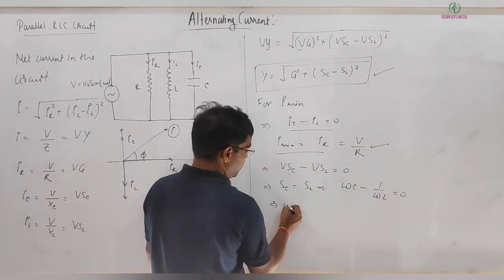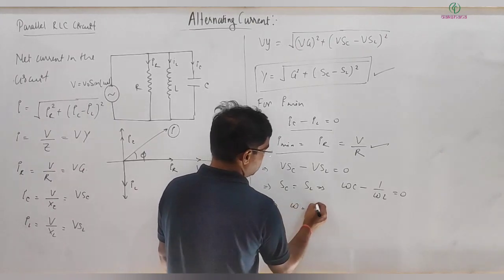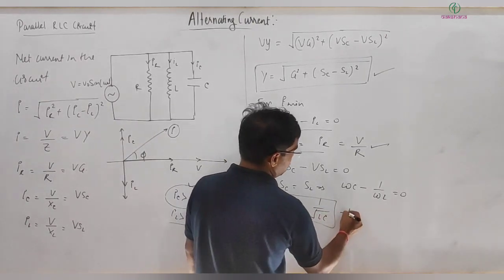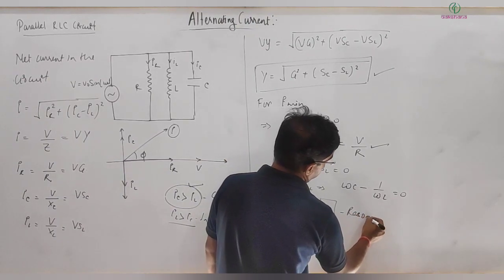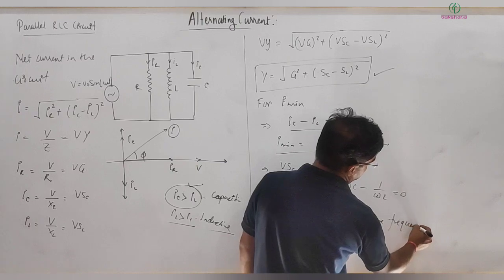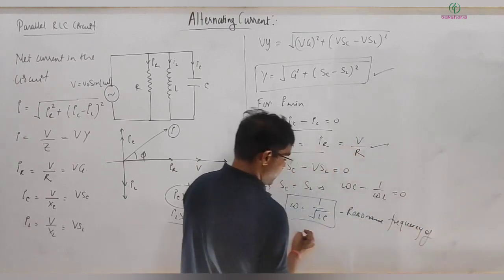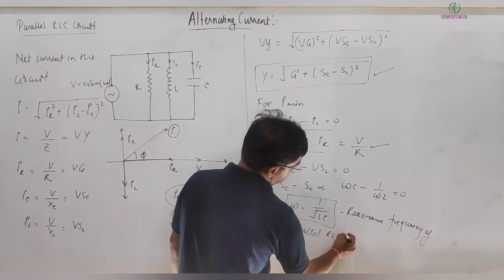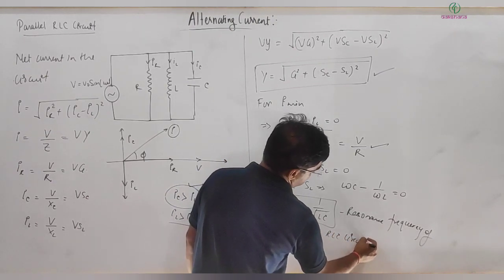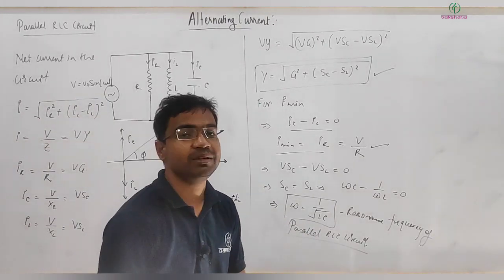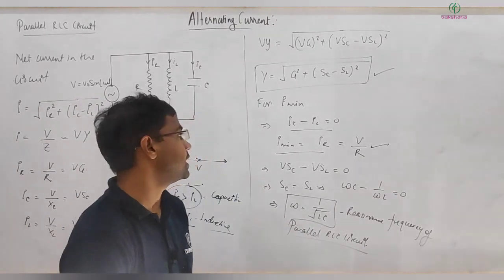So from here we are getting omega equal to 1 by under root LC. This is also called the resonance frequency of the parallel RLC circuit. So here you can see the resonance frequency does not depend on resistance, and it's exactly the same as it was in the case of the series RLC circuit.